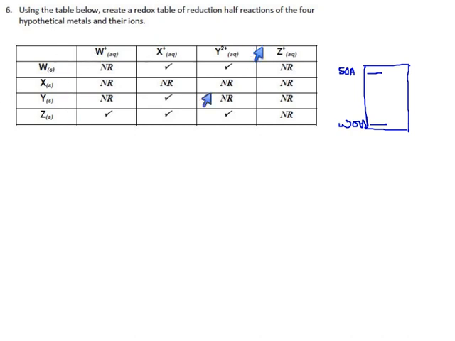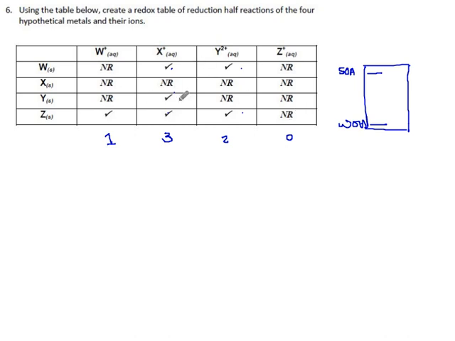Looking at these ions, ion W reacted with only one thing, so I'll give it a reactiveness rating of 1. Ion X reacted with 1, 2, 3 things, so I'll give that a reactivity of 3. Ion Y reacted with 2 things, and ion Z didn't react with anything.